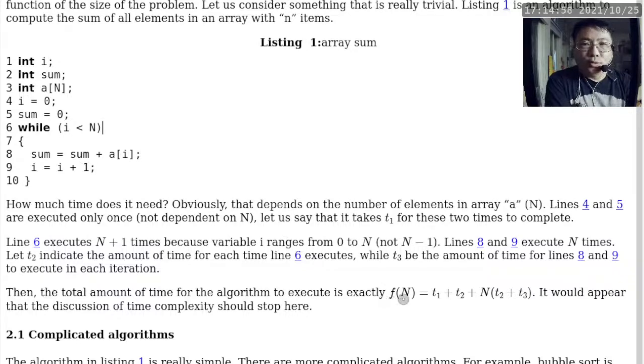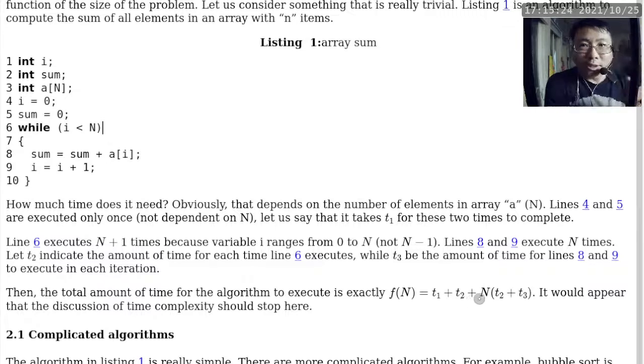I call it f(n), and that turns out to be T1 plus T2. T1 only occurs once because that's the initialization, but T2 is here too because there's one extra time that you have to evaluate the condition before you get out of the loop. So line 6 actually executes one time more than lines 8 and 9.